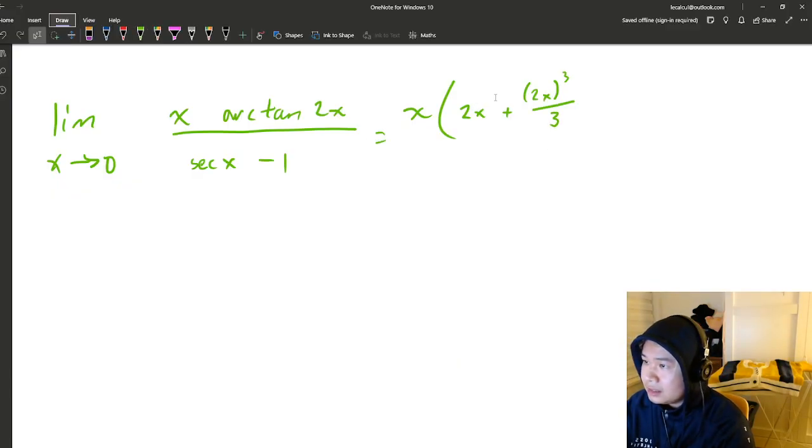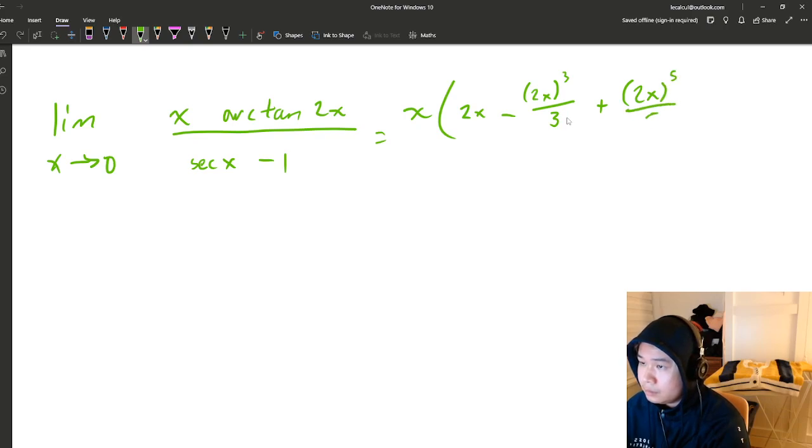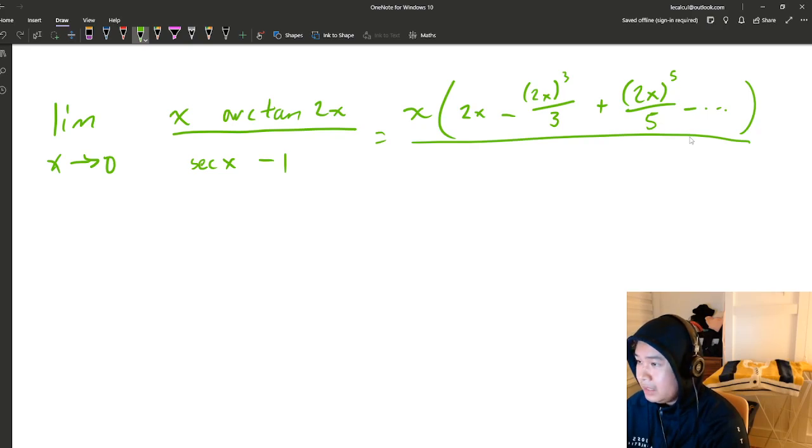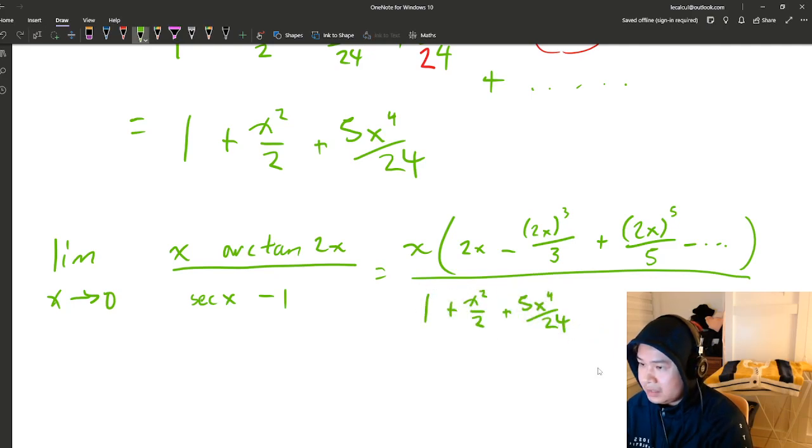This is a minus. Minus dot dot dot. And then I just found out the secant Maclaurin series right here. And this is minus 1.